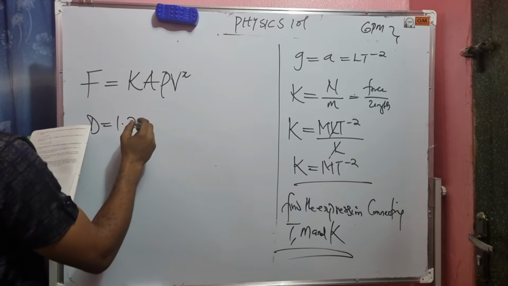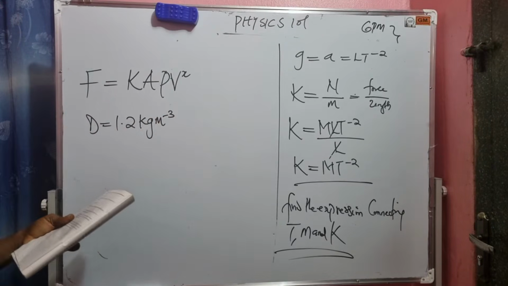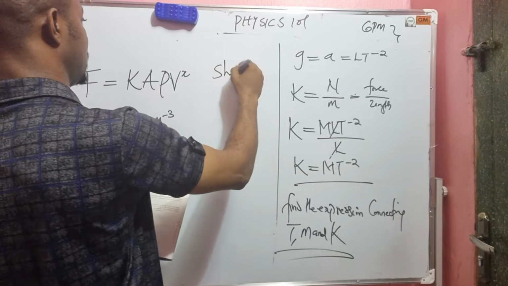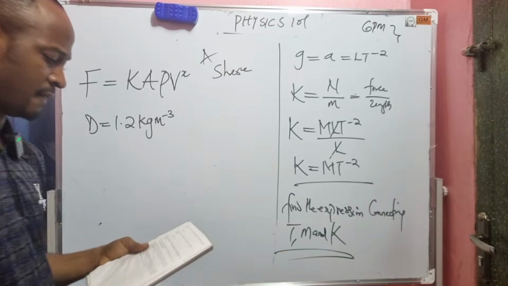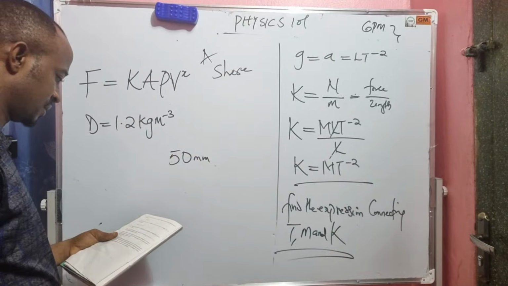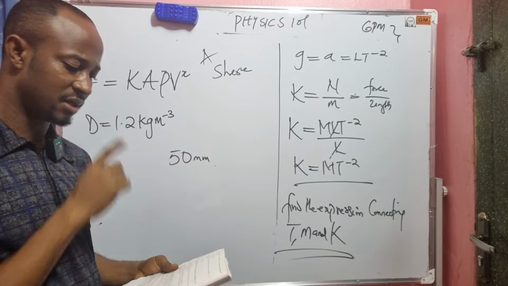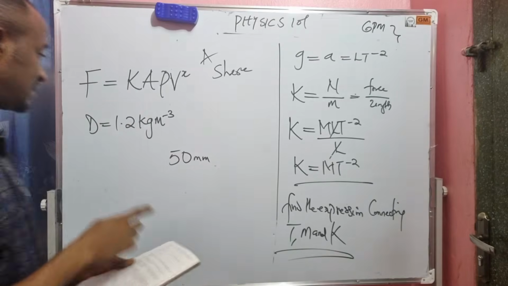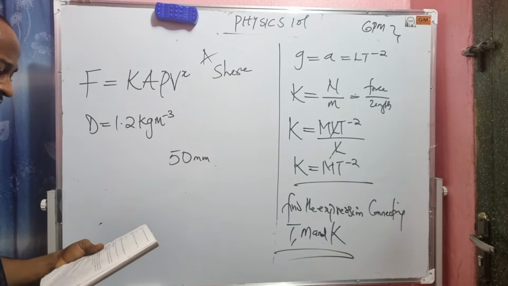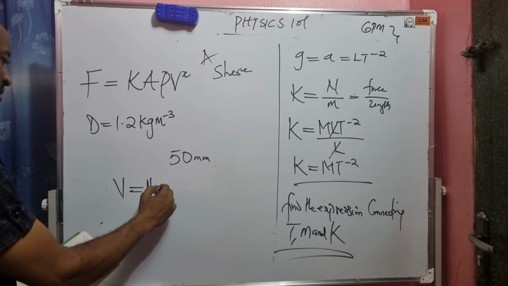A sphere of radius 50 millimeter and mass 1 kilogram falling vertically through air of density 1.2 kilogram per meter cube attains a steady velocity of 11 meter per second.